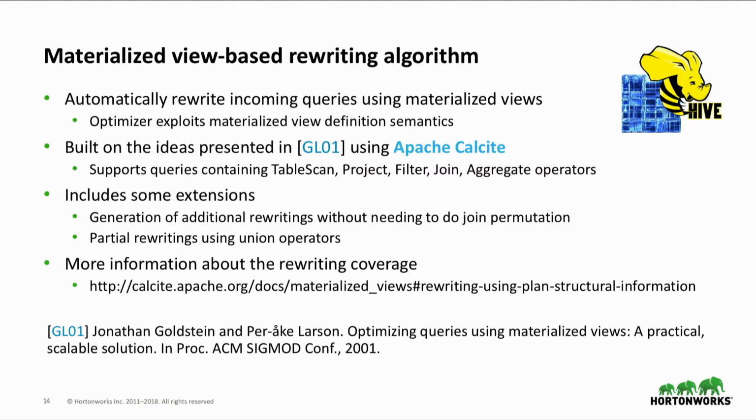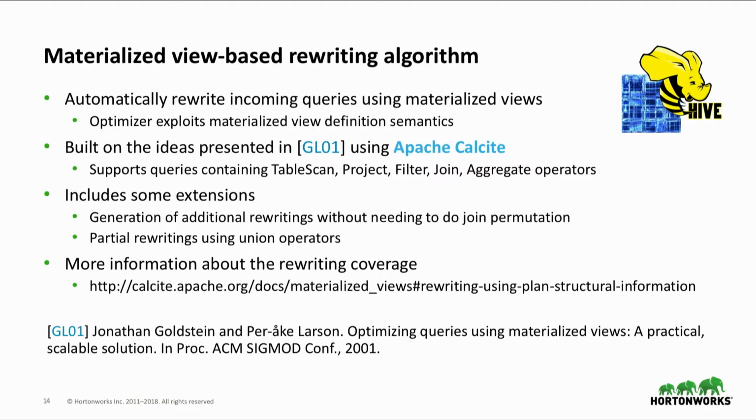And right now we support queries that contain these operators: table scan, project for columns, filter with conditions, join and aggregate operators. And we extended the algorithm that was presented in this paper with some extensions that we find very useful for our environment. One of them is we can generate additional rewritings without doing join permutations.